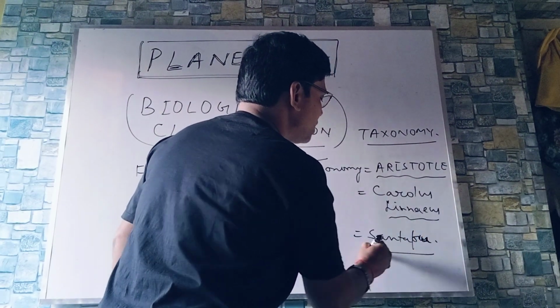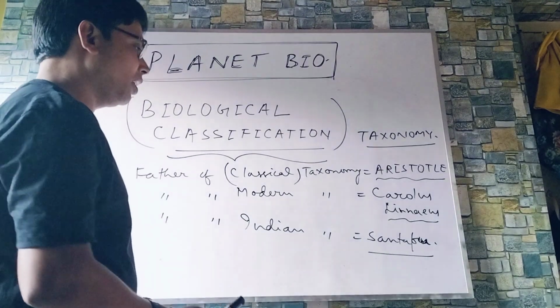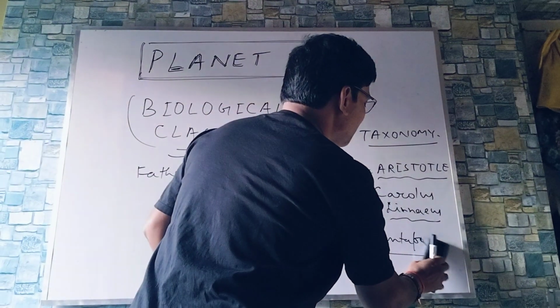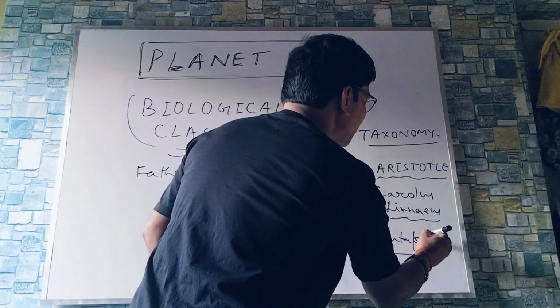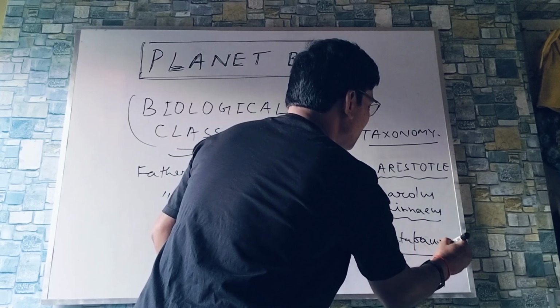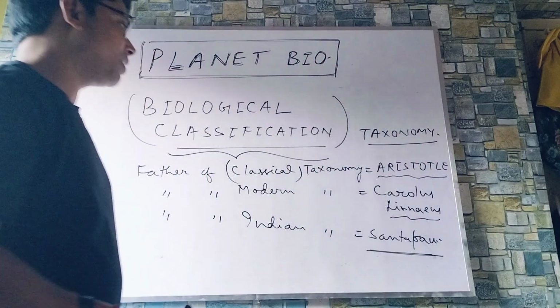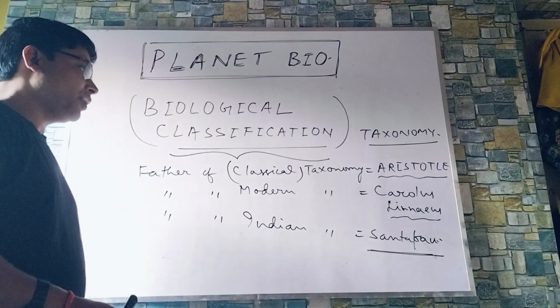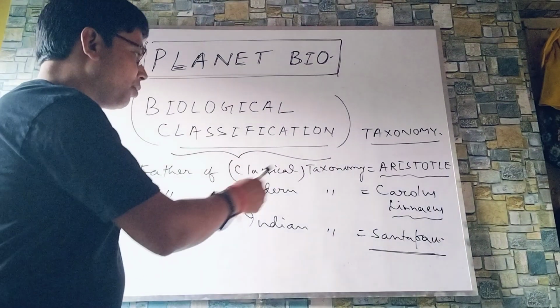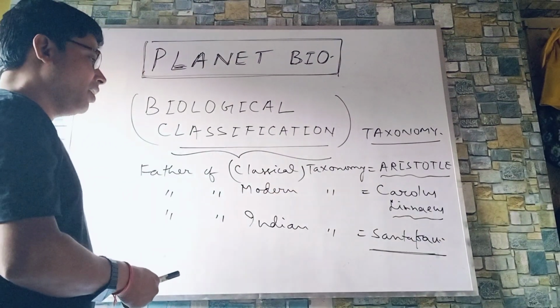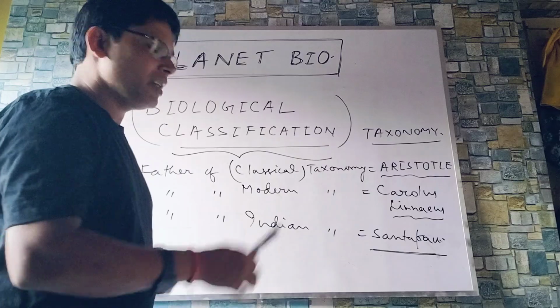So credit goes to these scientists for identifying, classifying, and naming plants and animals. Father of classical taxonomy, Aristotle; father of modern taxonomy, Carolus Linnaeus; and father of Indian taxonomy, Santapau.